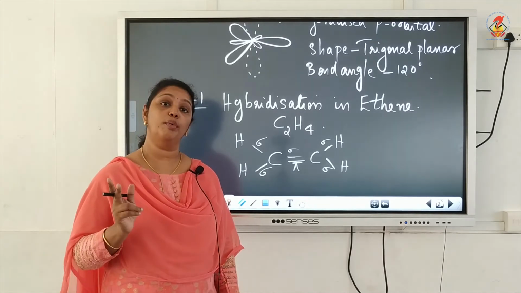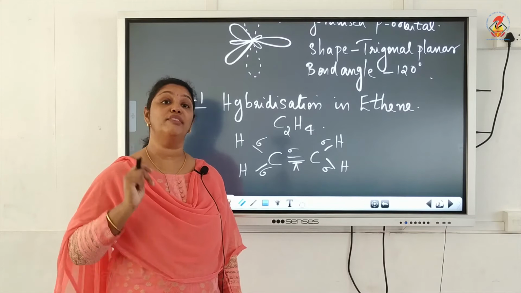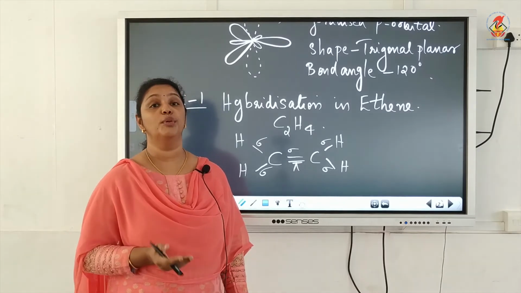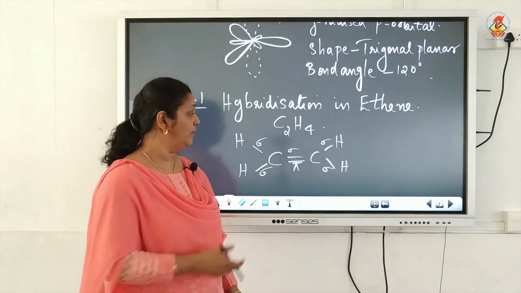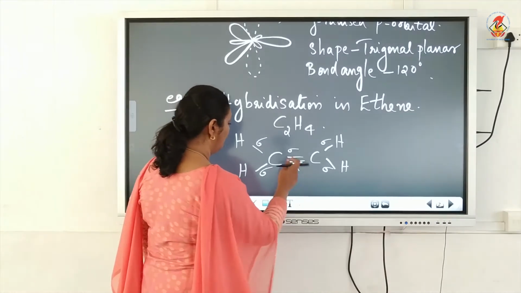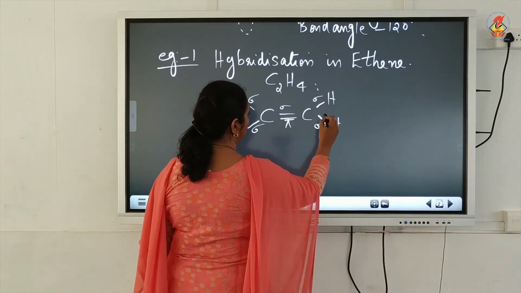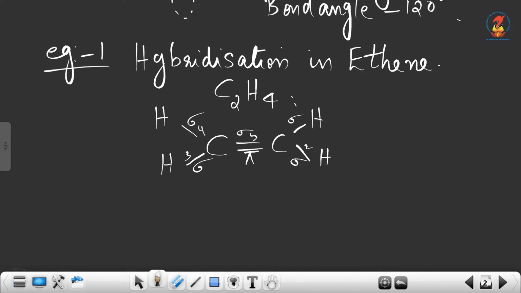If it's a double bond, one bond is sigma, one bond is pi. If it's a triple bond, one bond is sigma and two bonds are pi bonds. So how many sigma and pi bonds do we have in ethene? We have 1, 2, 3, 4, 5 sigma bonds and 1 pi bond in the ethene molecule.